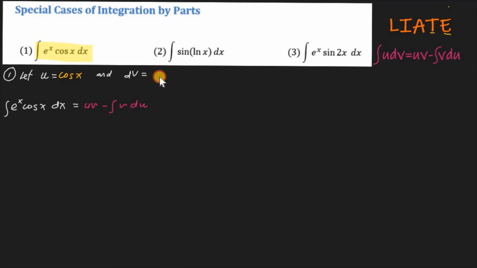And your remaining, the exponent, will become the e power x dx. Right, and then we are to get to the du by differentiating and to get to your v by integrating. And then we plug in the values.